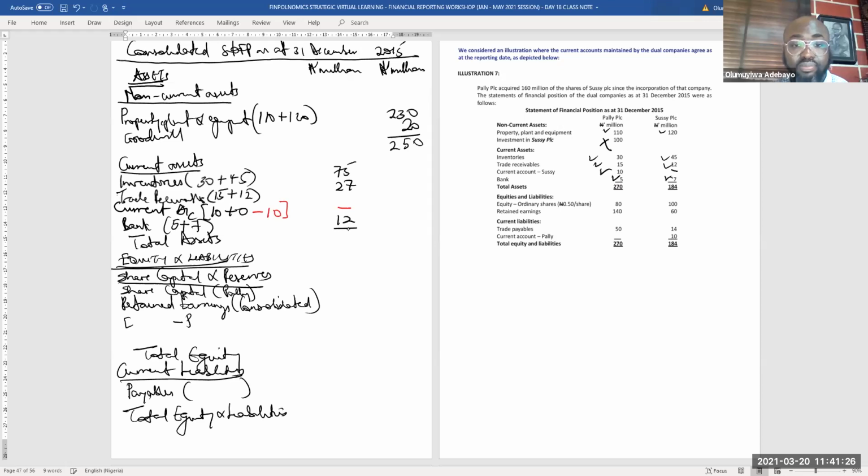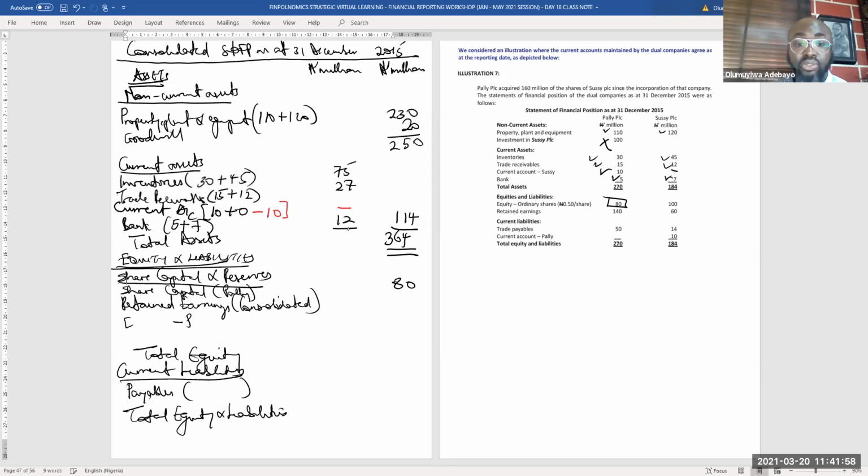When you add everything together, 75, 27, 12, you have 114. 114 plus 250, you have 364. Pali share capital, 80.